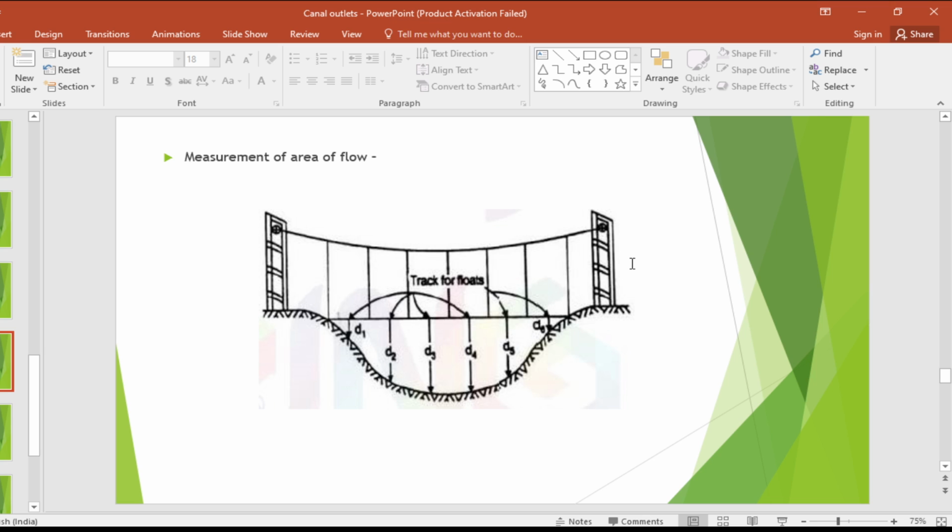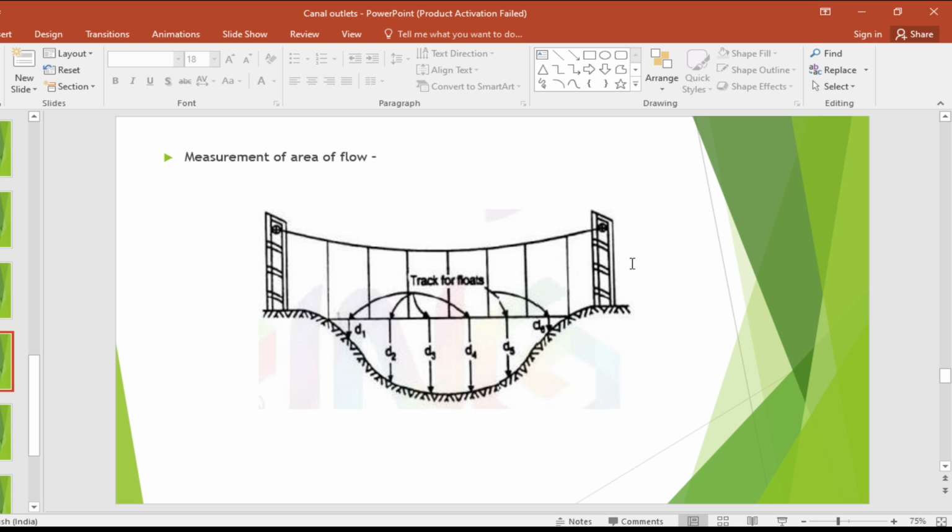From the cable, the ropes are hung and chained to touch the surface of water at regular intervals. Now, the depth of water at each point is measured by a sounding pole. Sounding pole you have already studied. By means of the sounding pole, the depth at each section is calculated.